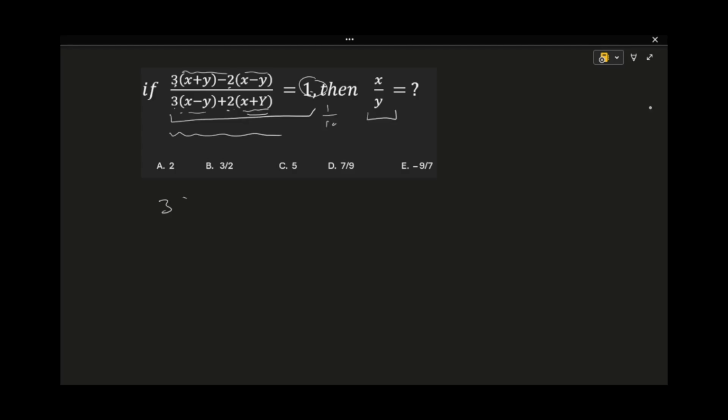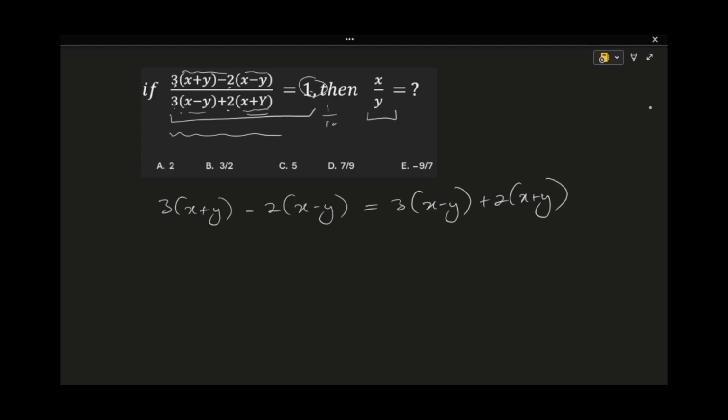So then we'll have (3x + y) minus (2x minus y) being equal to, that means the denominator will now go to the other side, (3x minus y) plus (2x plus y). All right, so far so good.